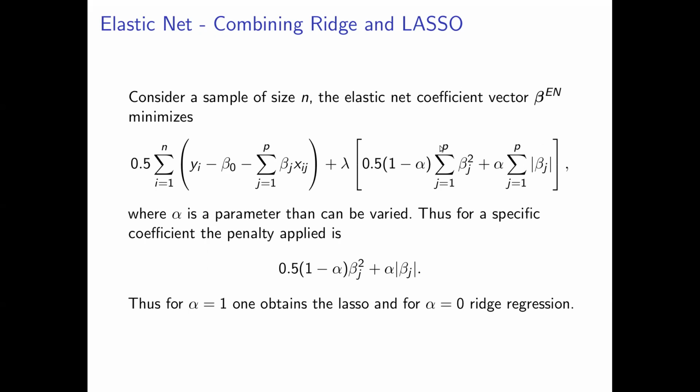The first part is the ridge regression part, the second part is the lasso part. And this alpha is the weight by which we are mixing ridge and lasso.